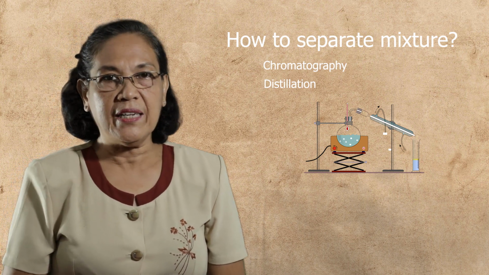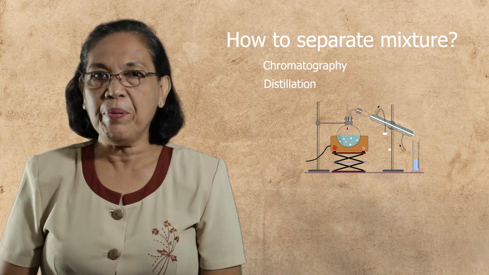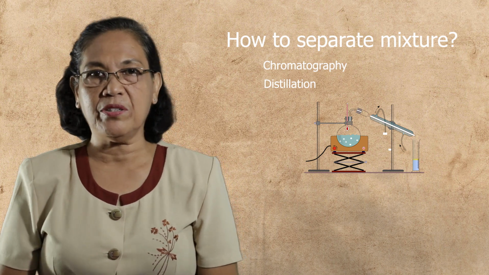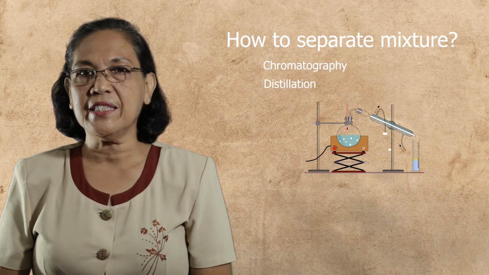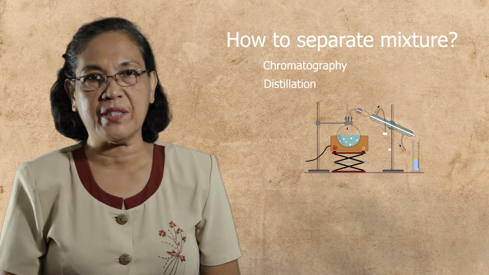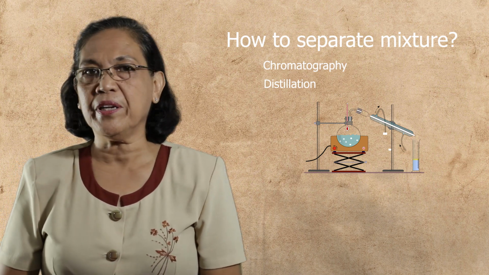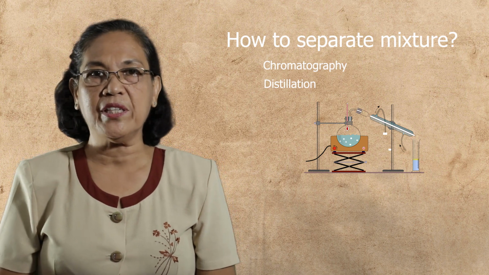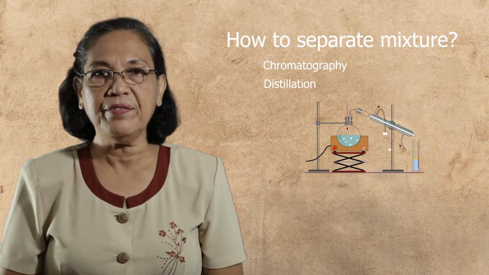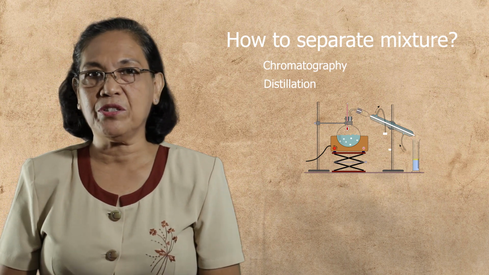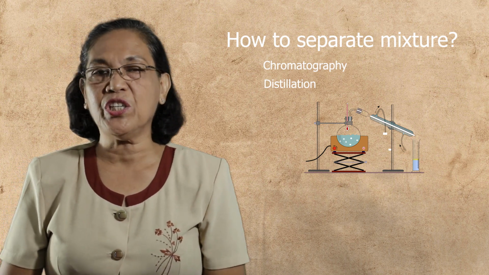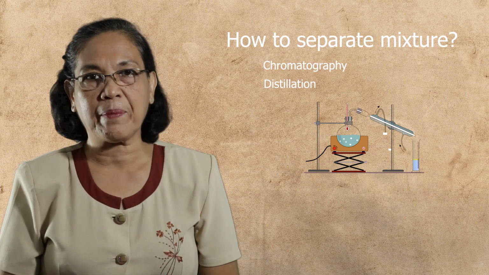Therefore, in distillation, the separation of the components of a mixture is based on the differences in their boiling points, because those components with low boiling points will be evaporated off and condensed first, so it will come out to be the first fraction of the distillate.